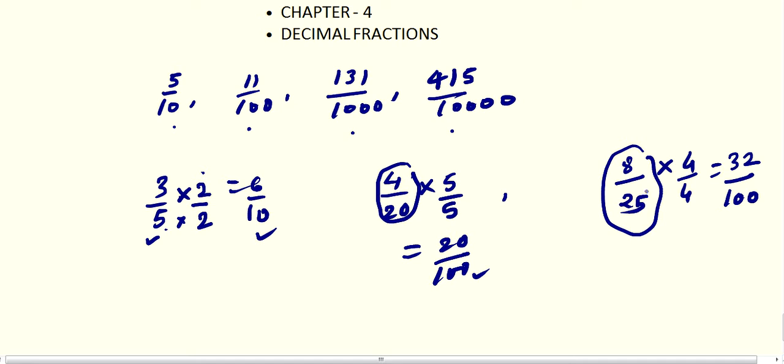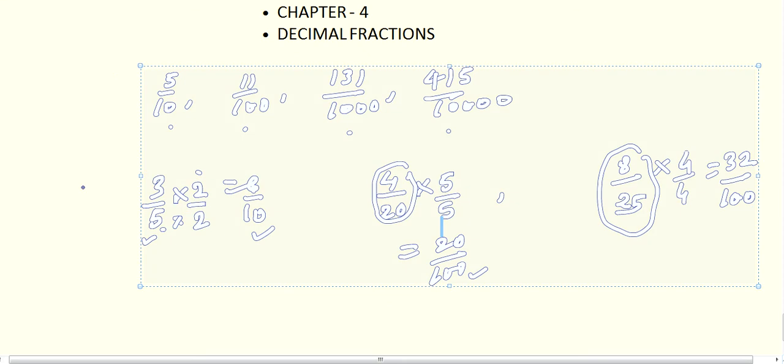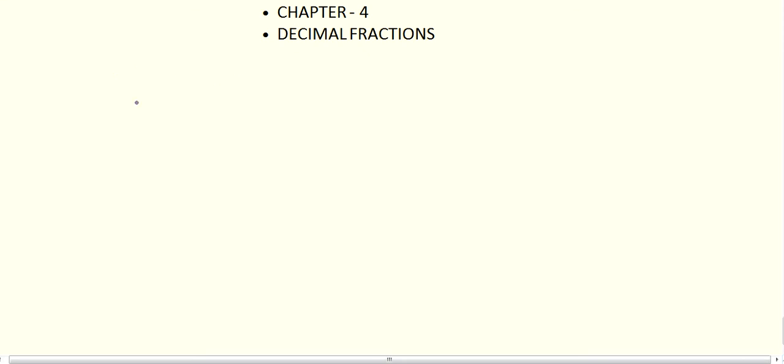Clear? Then what is the use of decimal fractions? Why are we converting into decimal fractions? Suppose you have 7 by 25, and I want to divide this 7 by 25, that means I want to know its value on division. The denominator is 25, so I will not get 10 because 25 is greater than 10. So I will get 100, if I multiply 25 by 4.